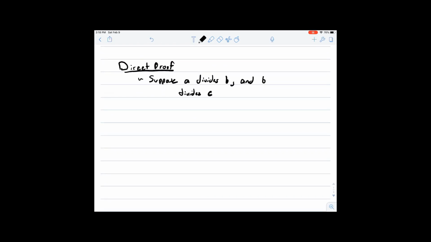Okay, now that we have our first step laid out, we can begin to make a little bit more progress. So we know if A divides B, then B equals AK for some integer K. This is essentially saying that A times some number is B, which makes sense.